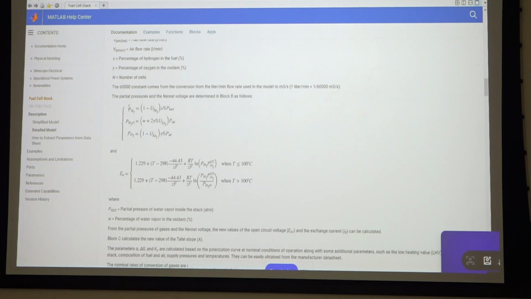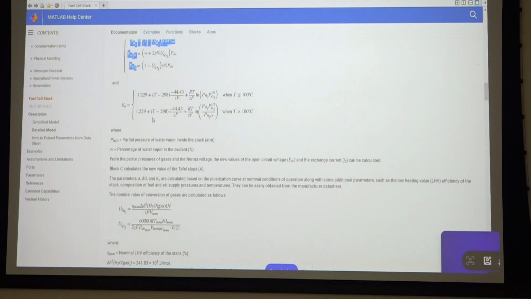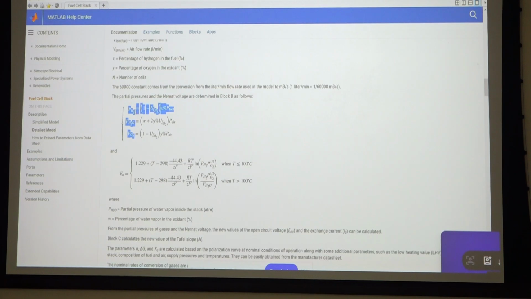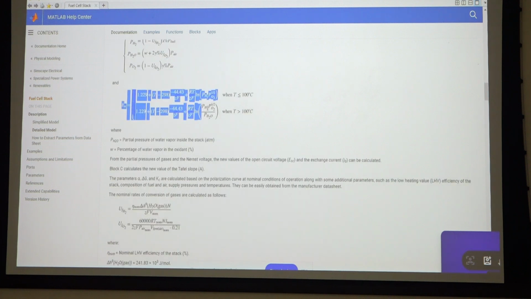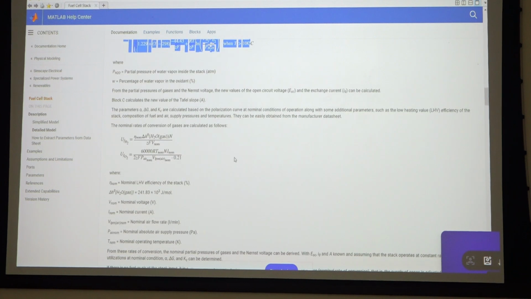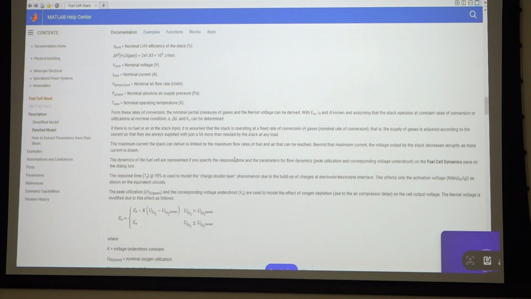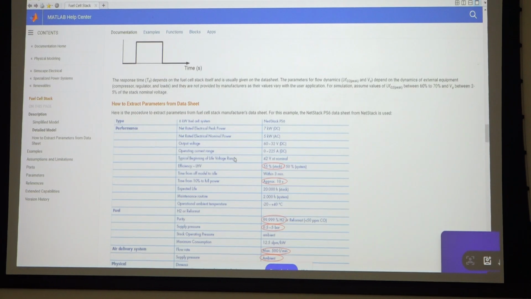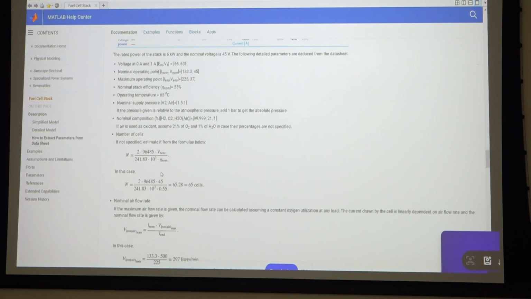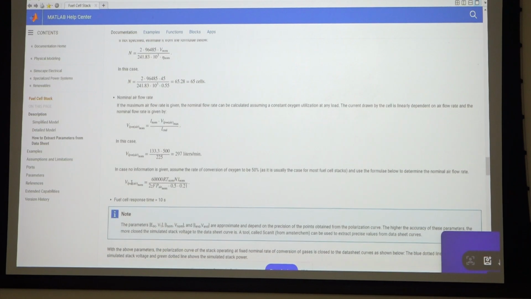These are the equations for how you can calculate pressures of each reactant by using the compositions of fuels. Another important thing we need, at the end, is the fuel flow rate.